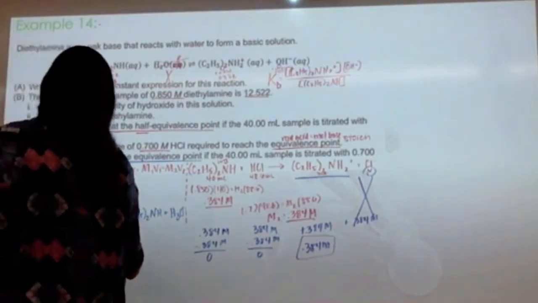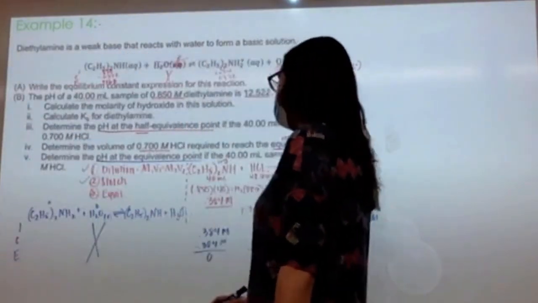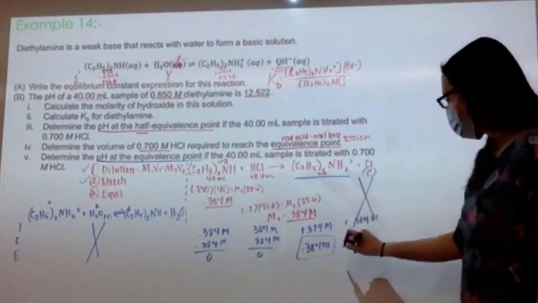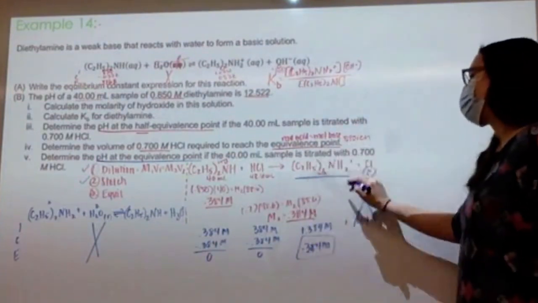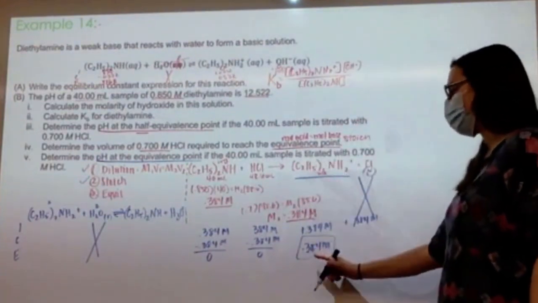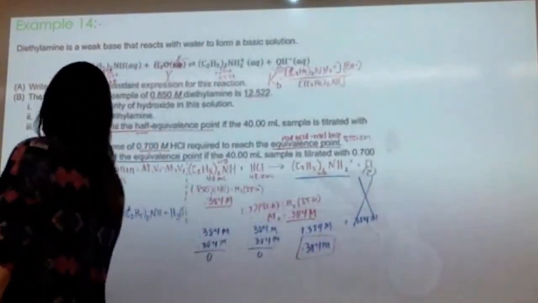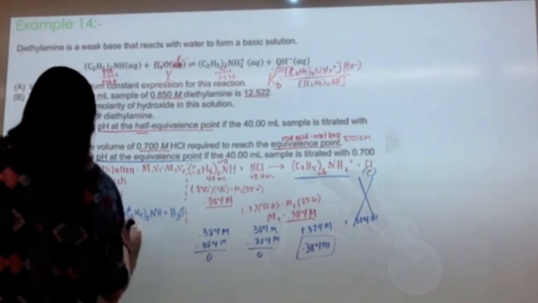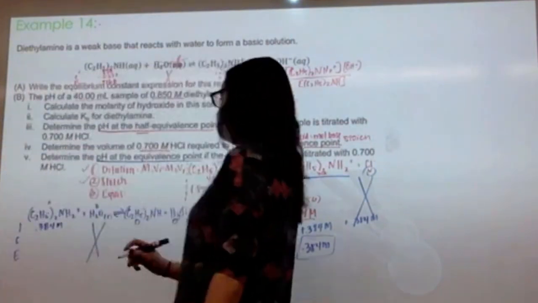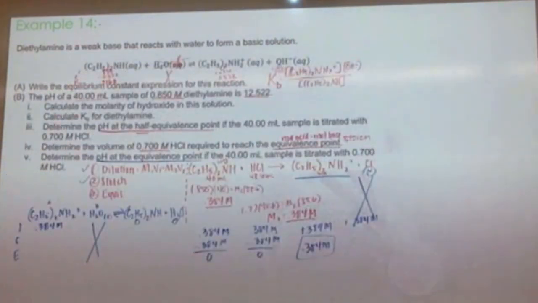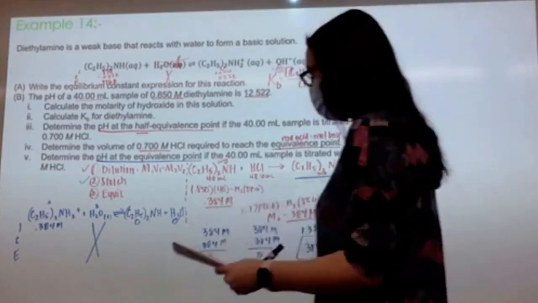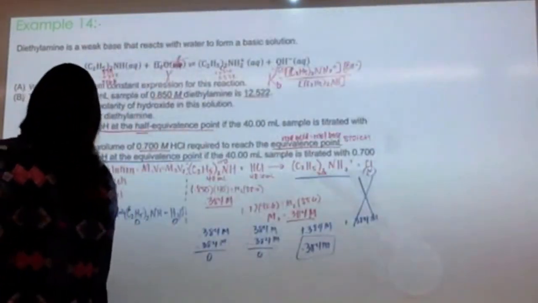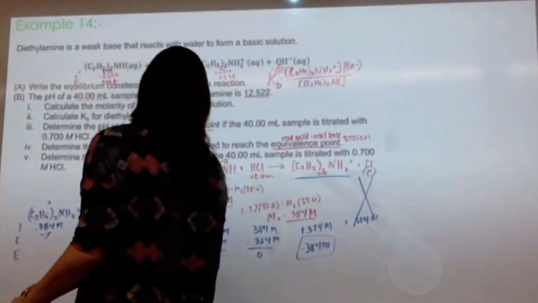So now here, water doesn't matter because it's a liquid. The only thing we had in the container after this neutralization reaction was this weak acid. We had 0.384 molar. We had nothing else. Now this looks like an ice table that we've seen. So we have minus x, plus x, plus x.